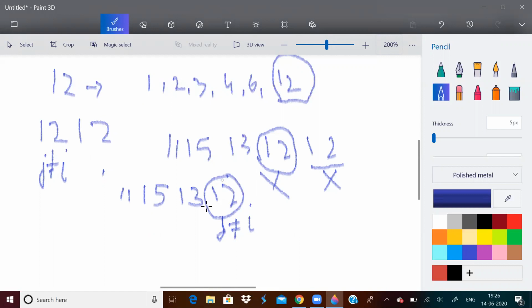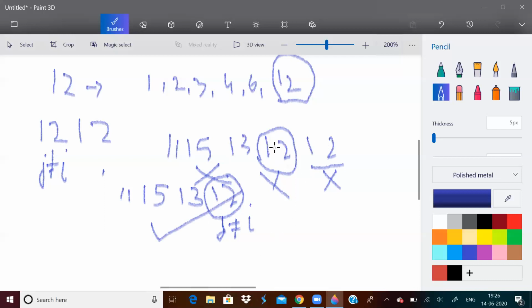What I want to say is, when you factorize a number, if you get the factor as the number itself, then if there are two or more such numbers, then you cannot include that number. If the count of the number is 1 only, then you include.